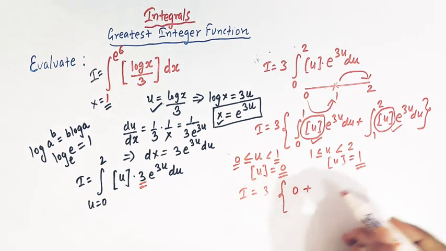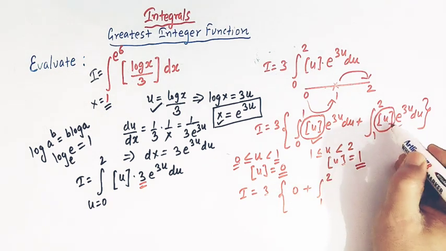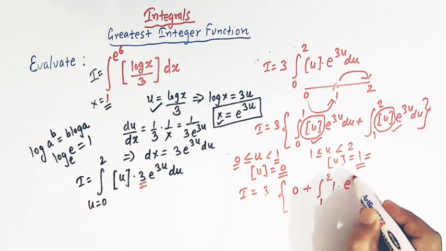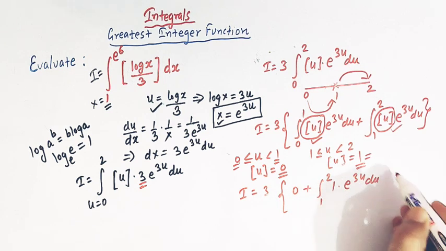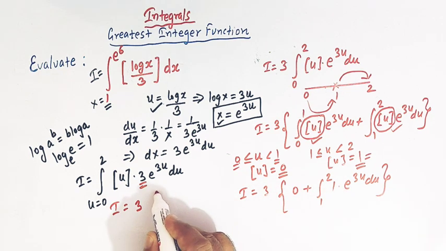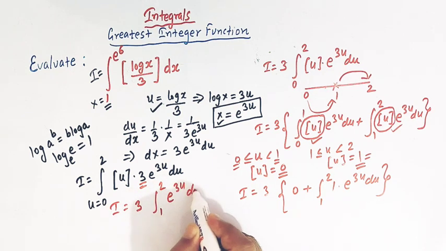And see, here we have 1 to 2, and for the greatest integer of u, we can write 1. So here we have 1 times e raised to 3u du. So now we can write I equals 3 times the integral from 1 to 2 of e raised to 3u du.